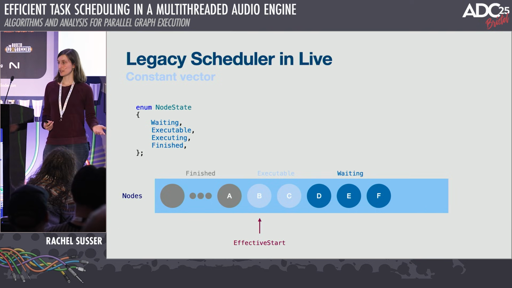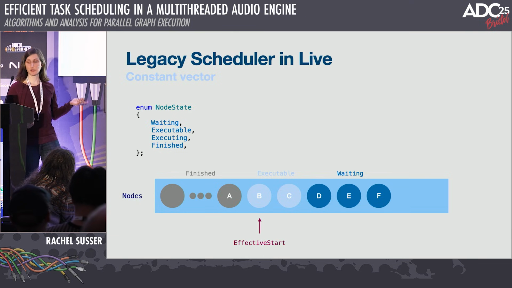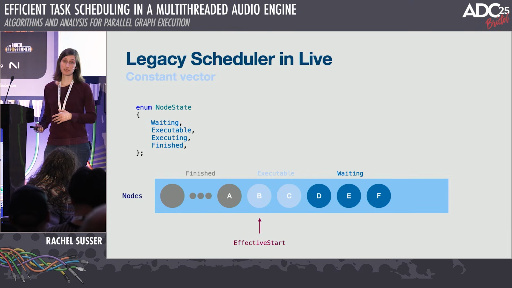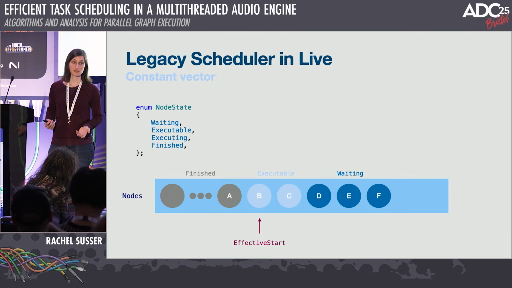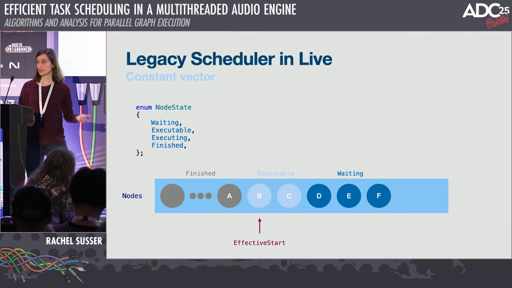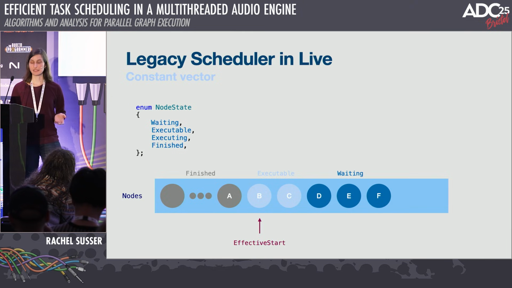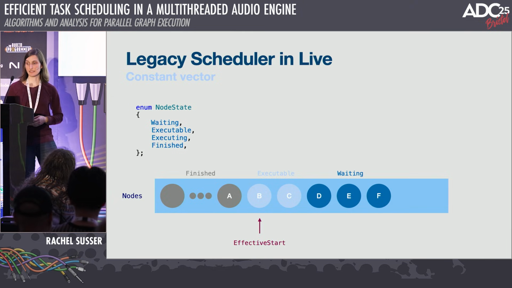Since, as mentioned earlier, a topological order is not necessarily unique, the sorting of the nodes that was performed in advance in order to populate this vector might not actually result in the same order that occurs when scheduling dynamically. So the executable nodes might not all be consecutive the way they are in this diagram.